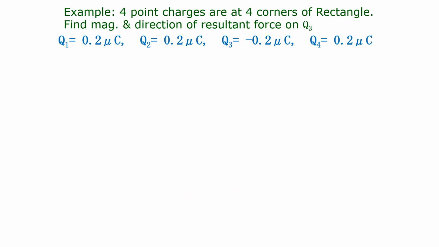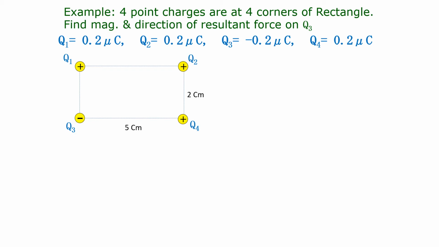Let us work out an example. Four point charges are at the four corners of a rectangle. Q1 is a positive charge, Q2 is a positive charge, Q3 is a negative charge, Q4 is a positive charge. We have to find out the magnitude and direction of the resultant force on Q3.